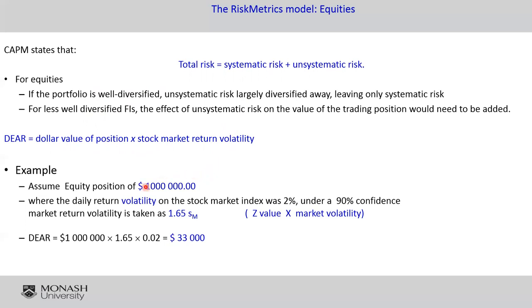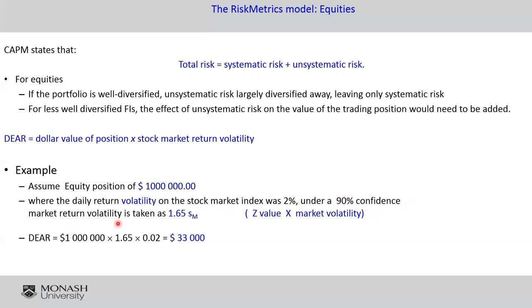Now, assume the equity position is 1 million, and the daily return volatility on the stock market index is 2%. We are taking the stock market index as an indicator of the volatility of our position in the equities, under 90% confidence.